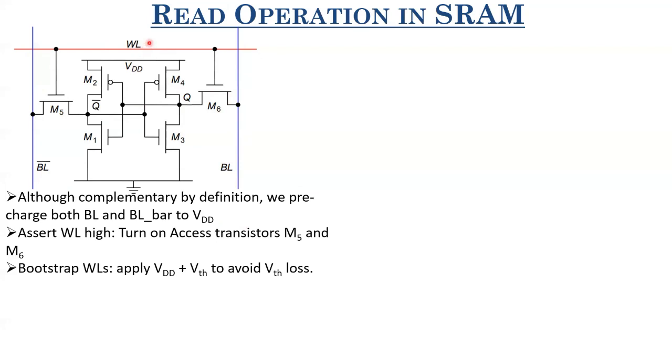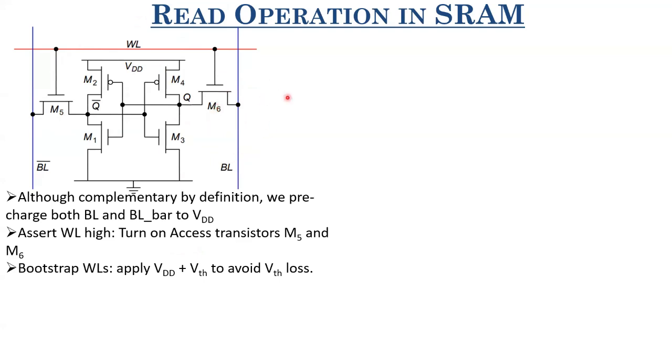They apply VDD plus VTH on word lines to avoid this VTH loss, right? I mean, even if there's a VTH loss, if you apply VDD plus VTH, effective voltage that will be passed will be VDD, right? This bootstrapping has another meaning in terms of layout. So that also we'll discuss when we talk about DRAMs and all. But here you just understand that we apply VDD plus VTH to avoid this VT loss through these NMOS transistors, which do not pass a perfect one.